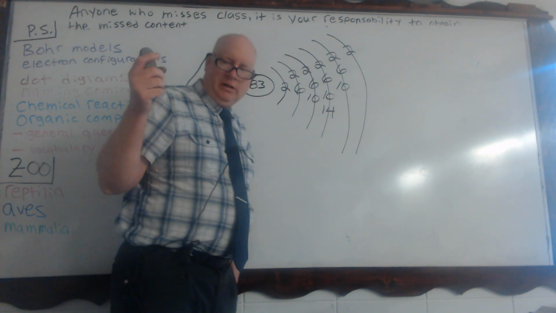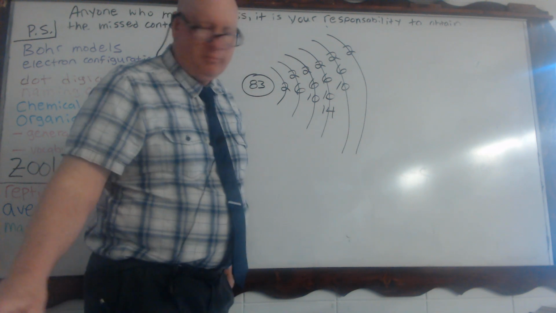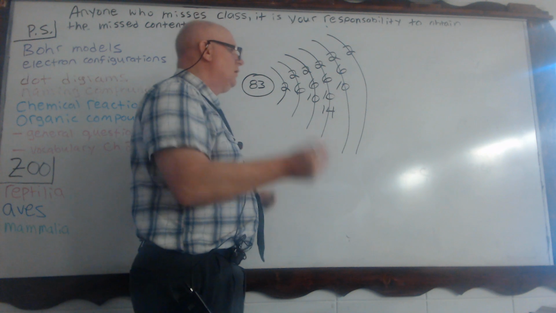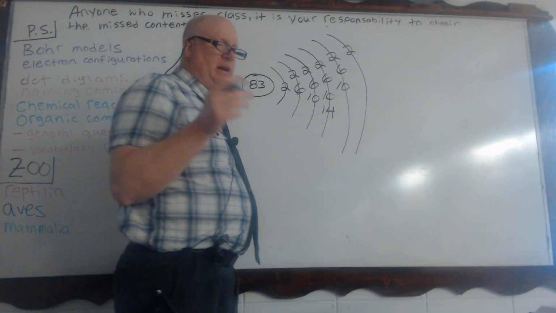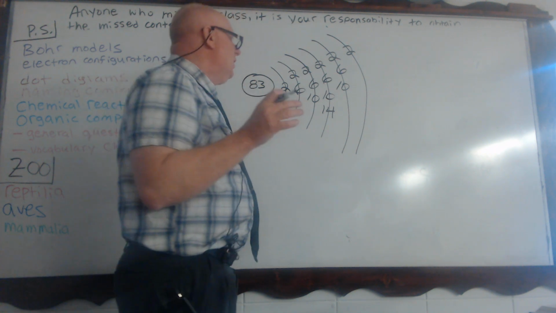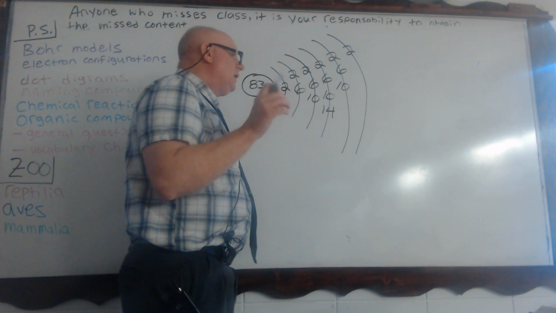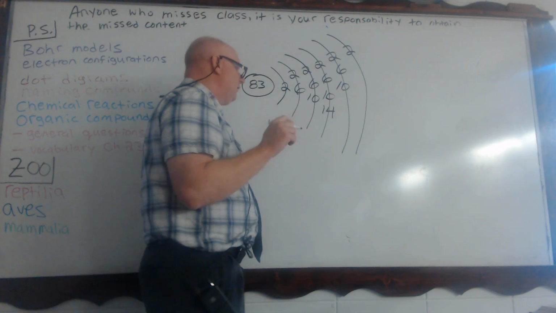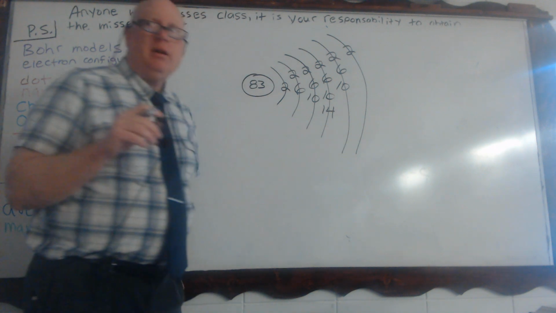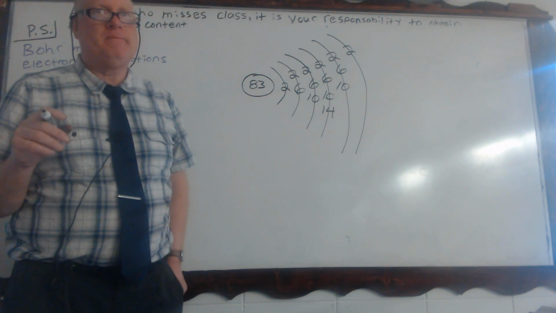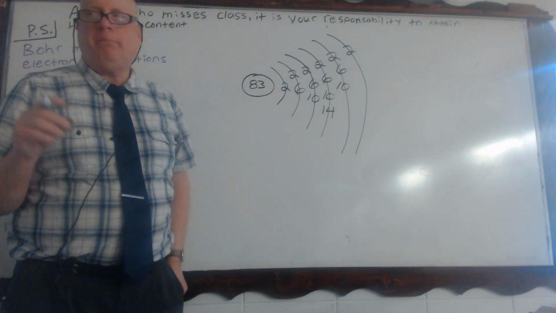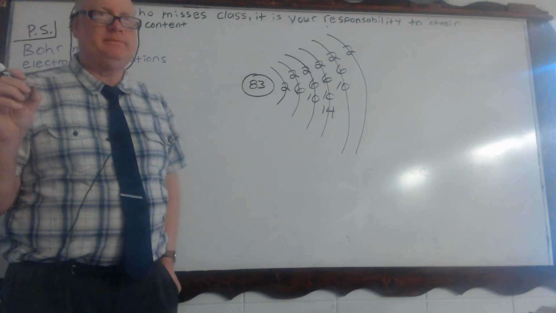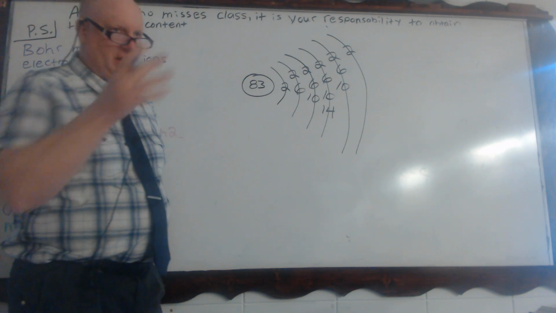Then what block is bismuth in? Not the D block, the P block. Then what column in the P block only is bismuth in? Right, because that's where your 3 comes from.